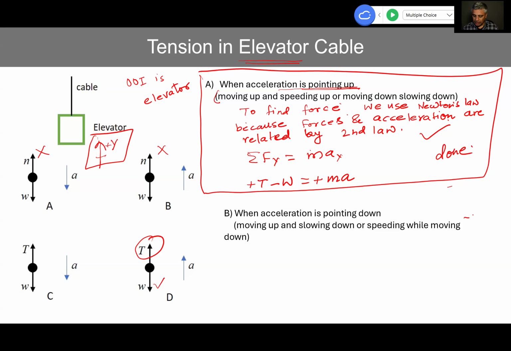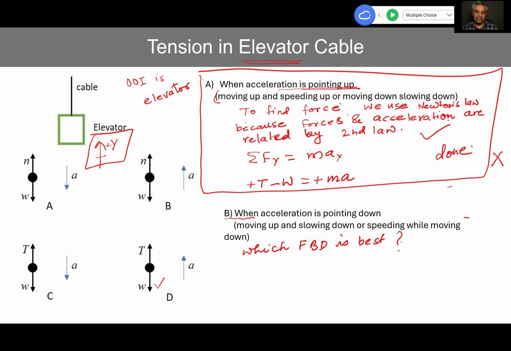Now let's look here. We're not talking about this, rather we are talking about this, part B. Which free body diagram, I'm writing FBD for short, is best?